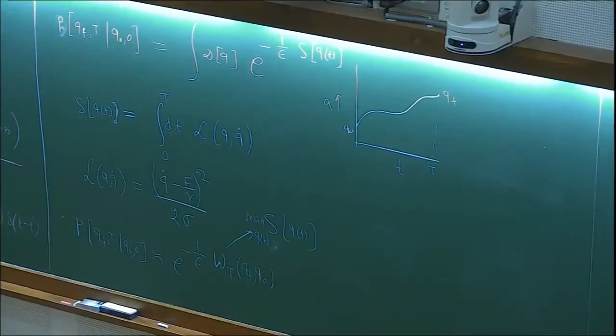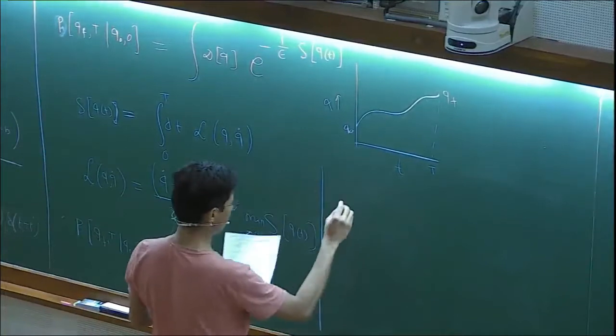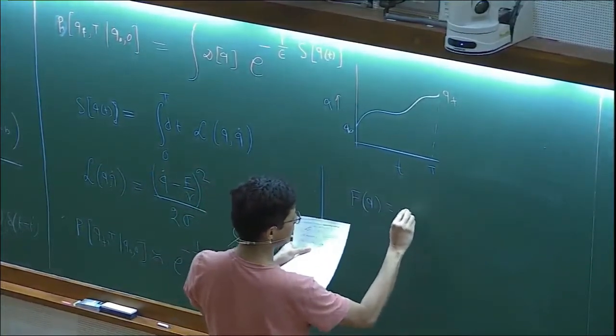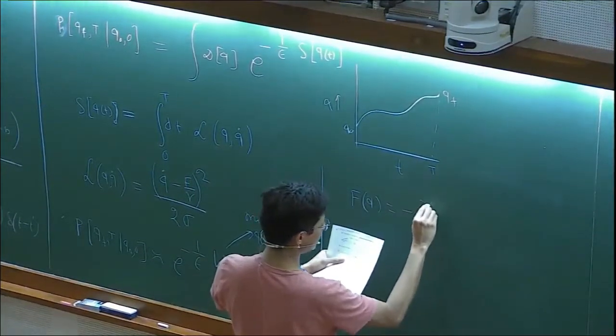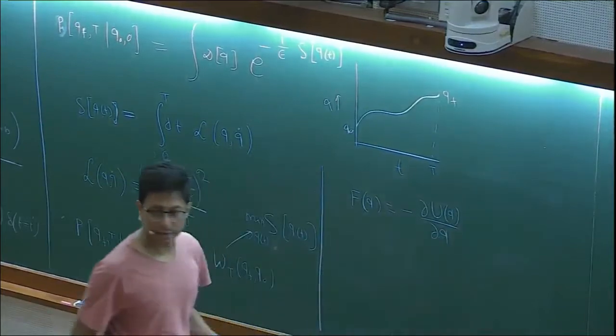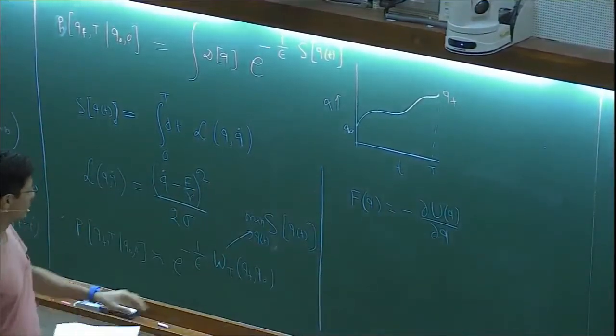Okay? And then, as an example, we took the case where F of Q was just a force due to a potential. The potential was U of Q. And then I demonstrated to you how to calculate this quantity.